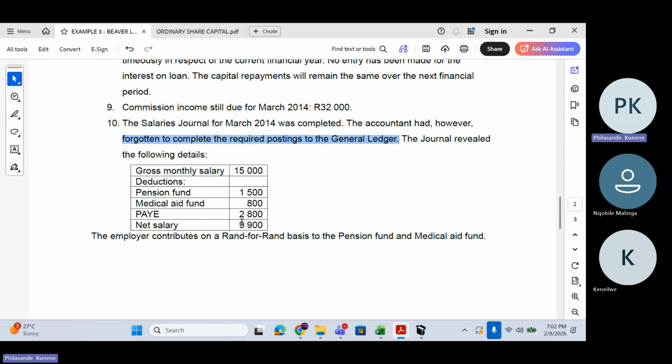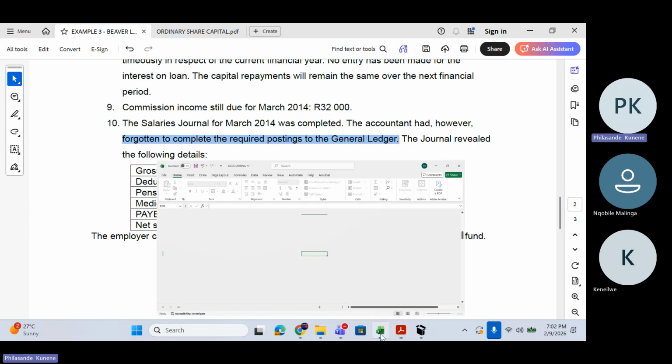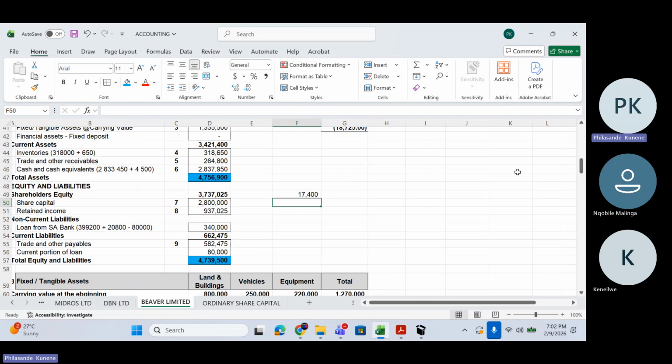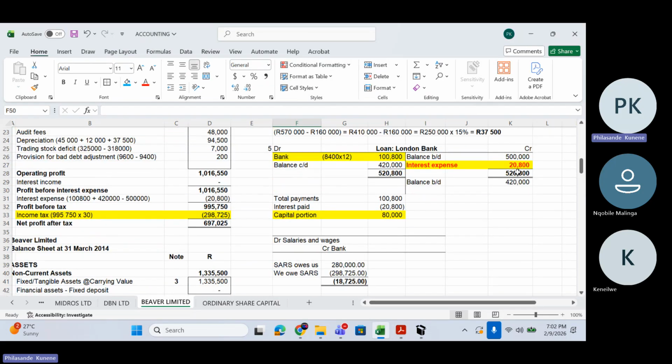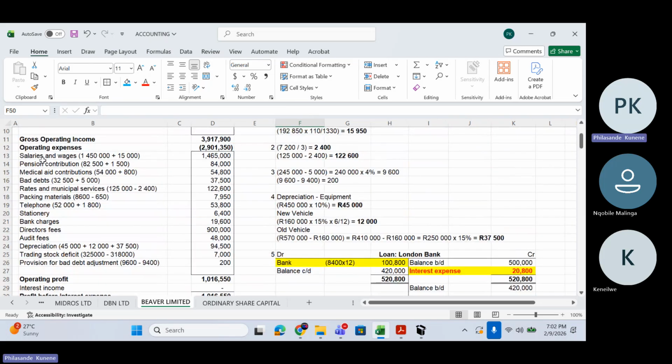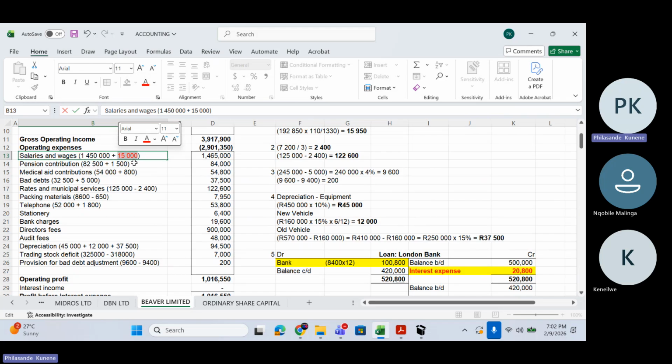Remember, when we're paying salaries, what we needed to do here, we needed to debit the salaries and credit the bank. So which means now for salaries, we did add them back here. We added salaries and wages of 15,000, number one. And then we added 1,500 here, and then we added 800 here. So these are the amounts.